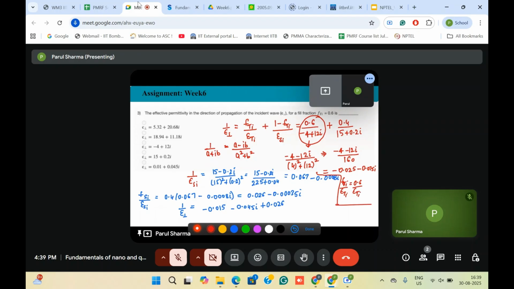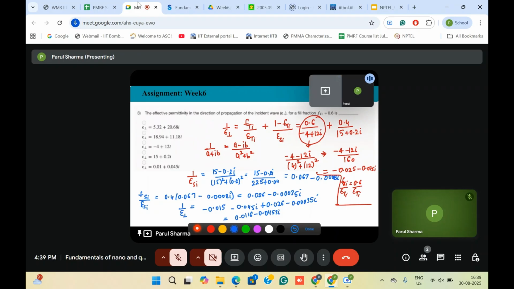After this calculation, I got 0.0116 minus 0.0453i.